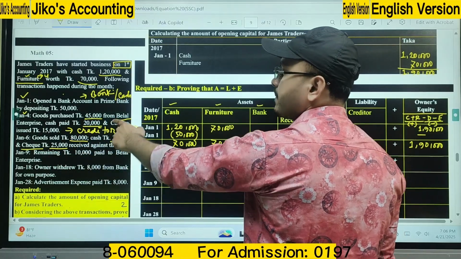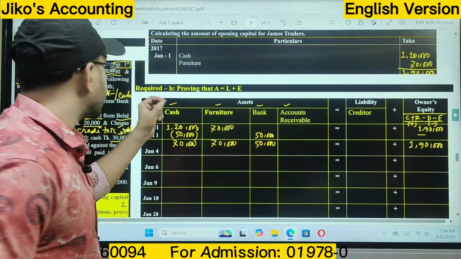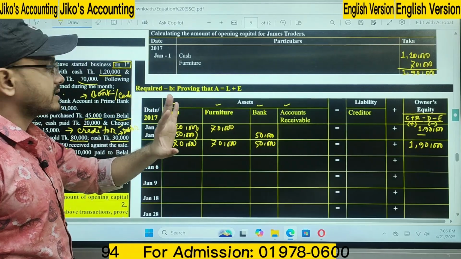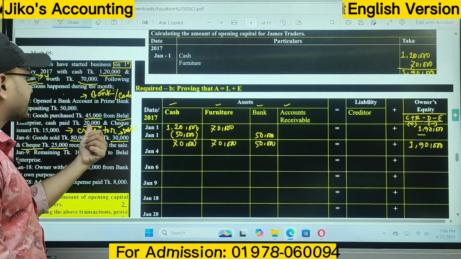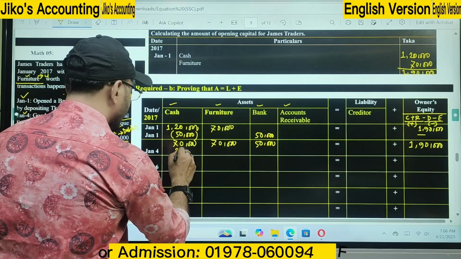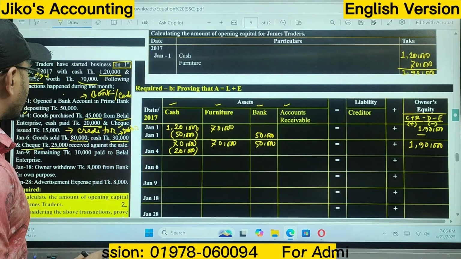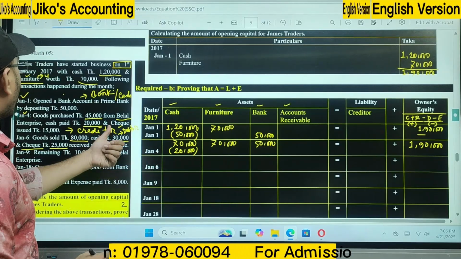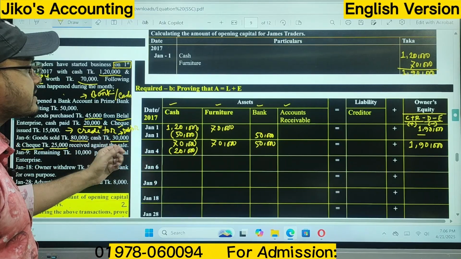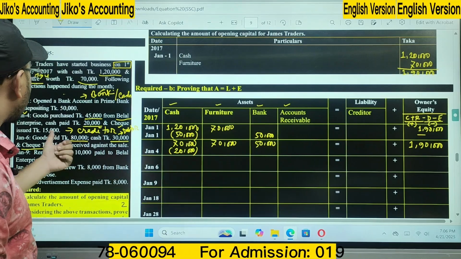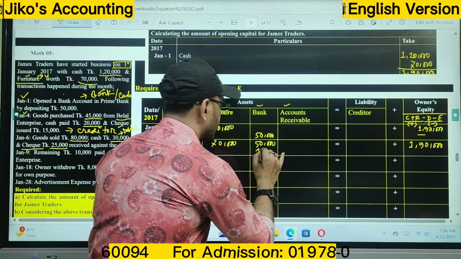Fine, no problem. What I have paid: my creditor was 45,000, but I have already paid him cash 20,000, so that indicates the reduction of the cash. You have purchased goods from Belal, but you have paid him 20,000. How about the check? A check indicates the reduction of the bank. Is it clear, sir? How much? 15,000.